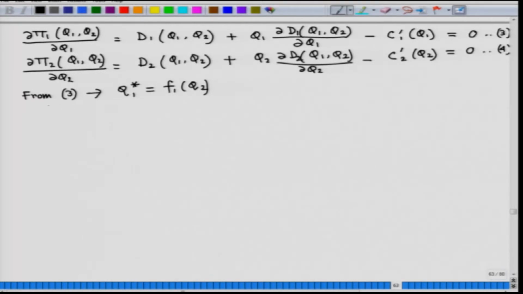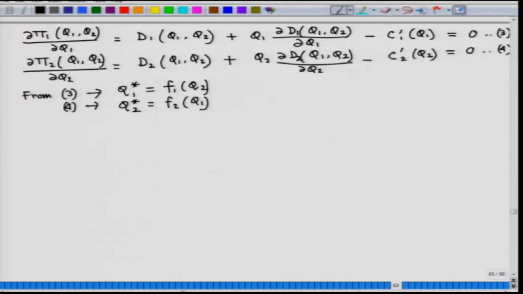So, now from 4 we get what? As per the normal interpretation of the first order condition, I get the profit maximizing output level of farm 2, but note that this now depends on Q1.